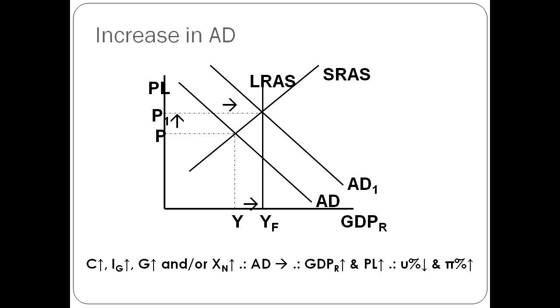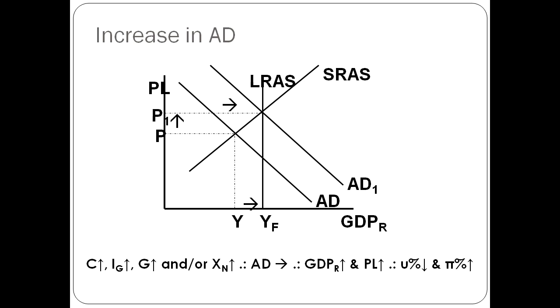So when aggregate demand shifted to the right, that implied that real GDP went up and the price level went up, which implied that the unemployment rate went down and the inflation rate went up. Remember, the unemployment rate is going to be going the opposite way of real GDP, and the inflation rate is going to be going the same way as the price level.